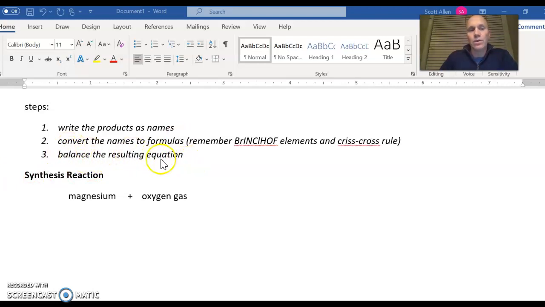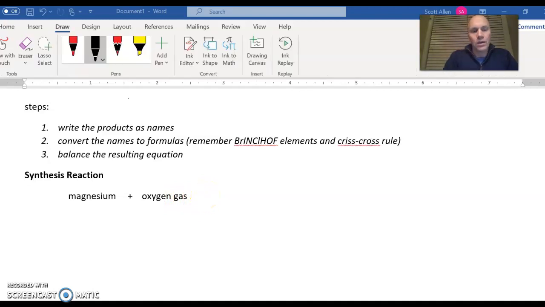So in the first example here, magnesium and oxygen gas, as the procedure points out, the first thing that we want to do is to write the products as names. This is going to be a synthesis reaction. Notice that we have a single element here and a single element here.